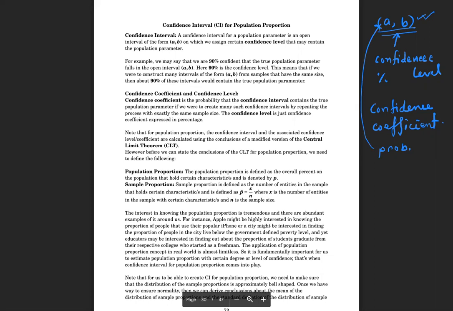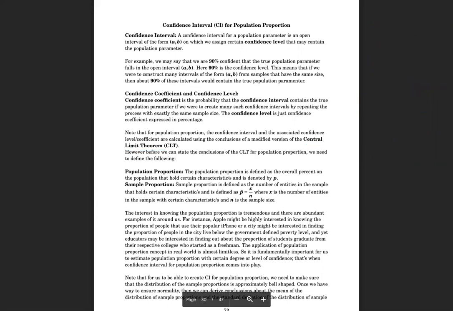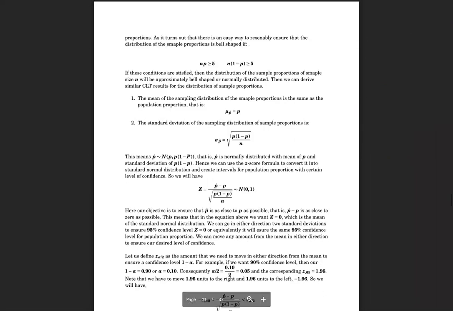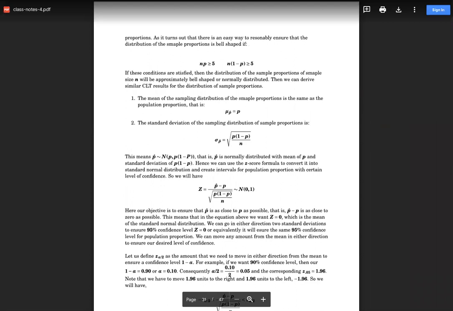Now, when you express it in terms of percentage, it's called the confidence level. Confidence level is when you express confidence coefficient in terms of percentage. And we use the sampling distribution and central limit theorem here as well. Now we have made 2 conclusions about the central limit theorem, okay?